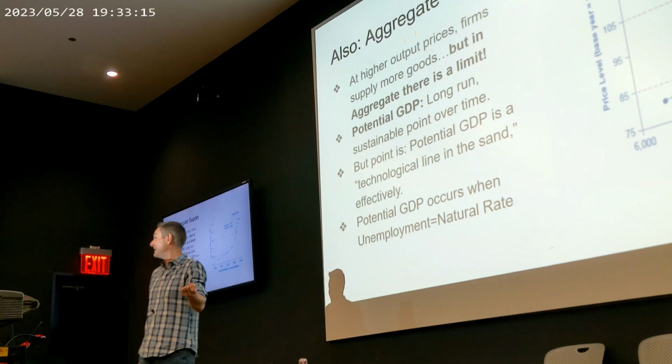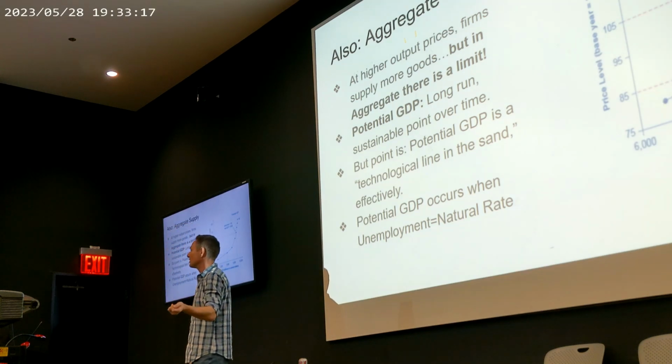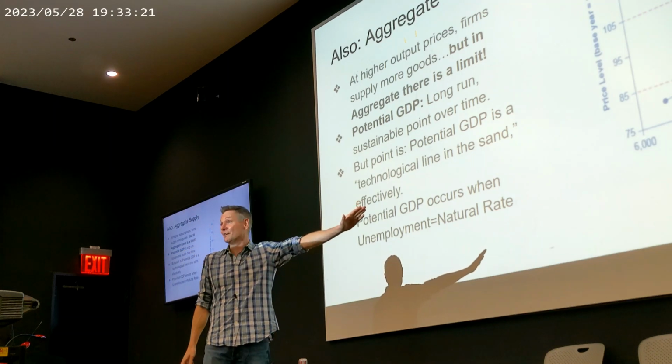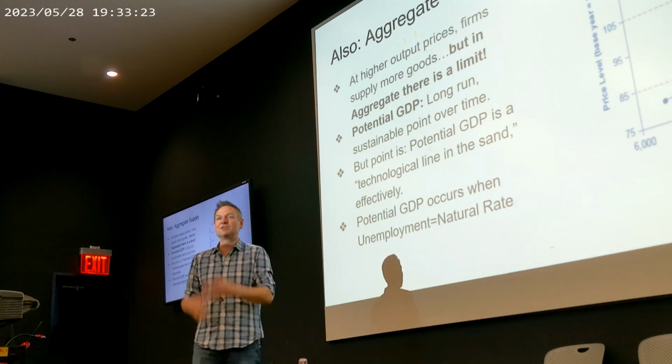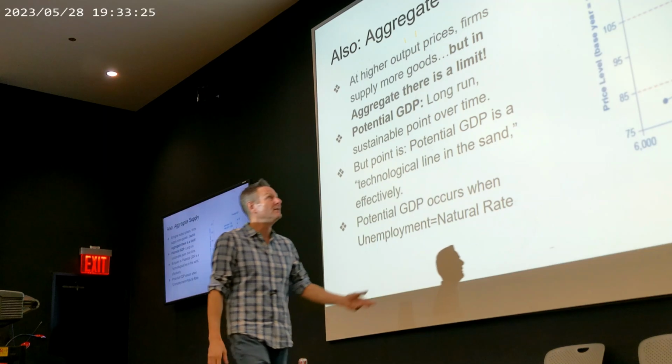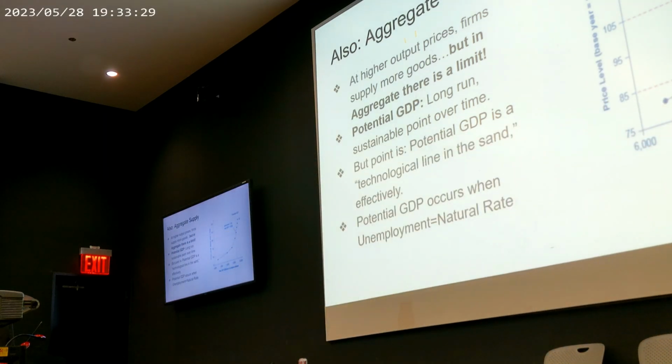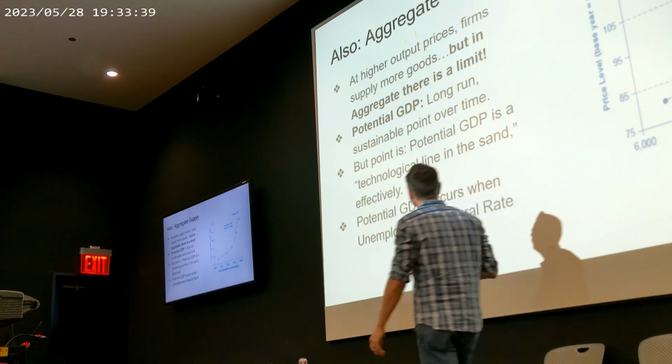That is a little bit different than any individual market, right, where we don't think about the world or a market as having that problem. When we think about things in aggregate, well, we have to say there is an eventual limit. And the way we might characterize that is by, our supply curve will eventually get vertical, right? And then we can say, well, when it's almost vertical, that's about where potential is, right?